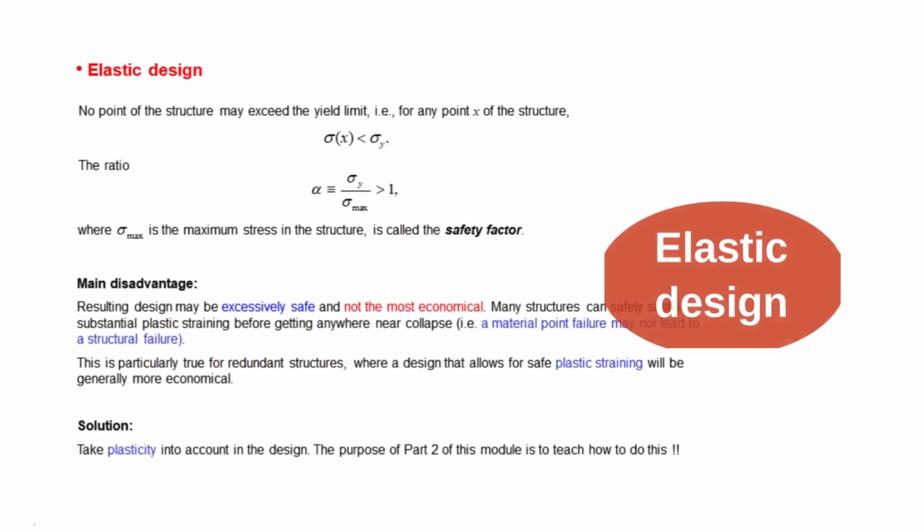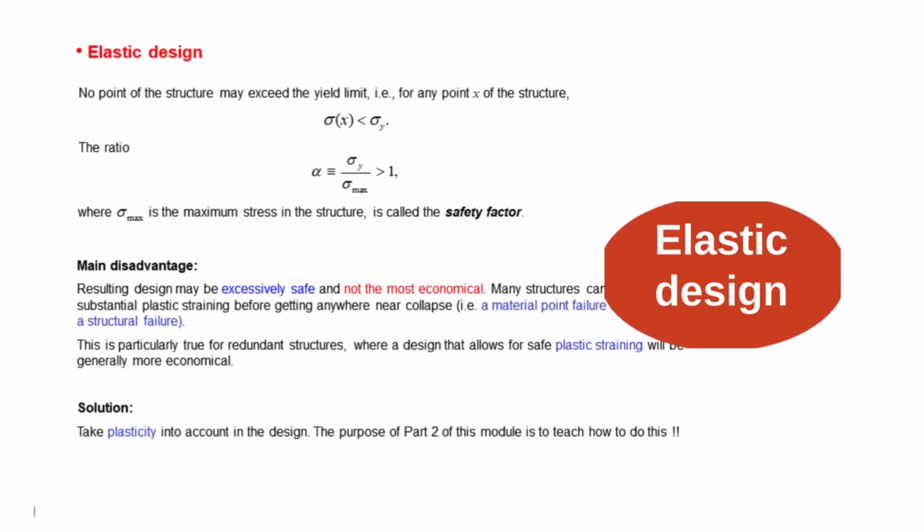Finding the right balance between safety and efficiency is paramount. By incorporating plastic design principles where appropriate, we can optimize structural performance while minimizing costs. It's a delicate equilibrium that requires careful consideration of the unique characteristics of each project. Introduce methods to determine plastic limit or collapse loads of simple steel structures.